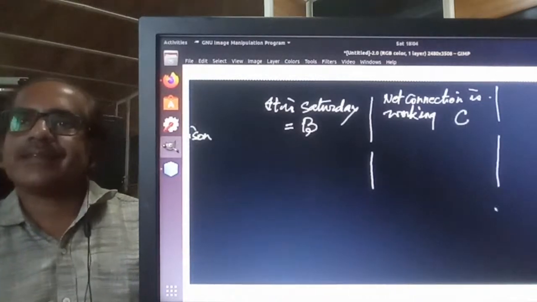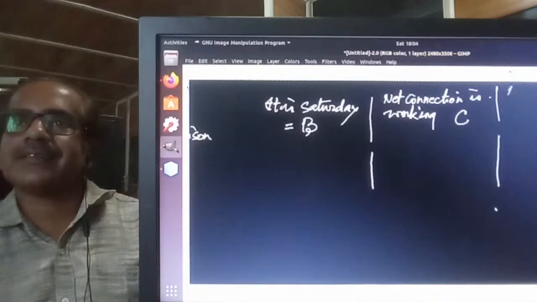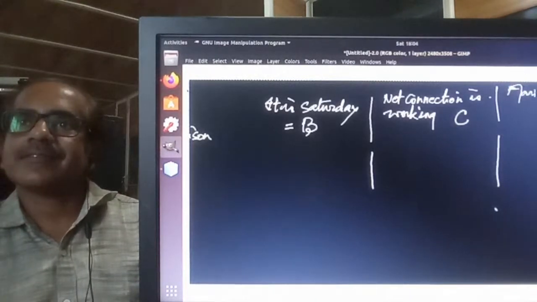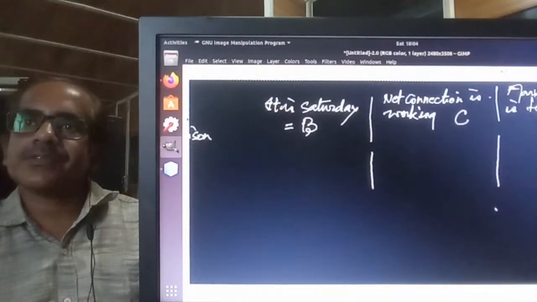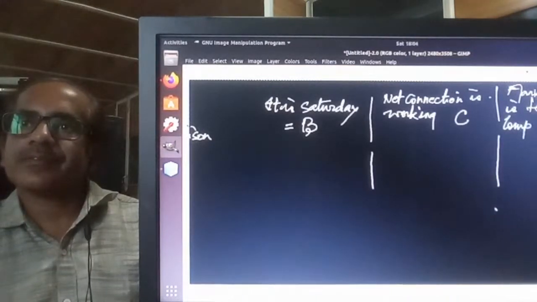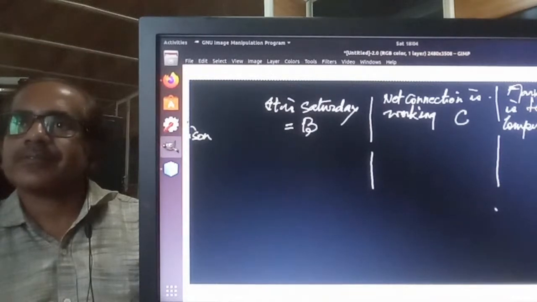And another is, the final result is teaching computers in class 8.